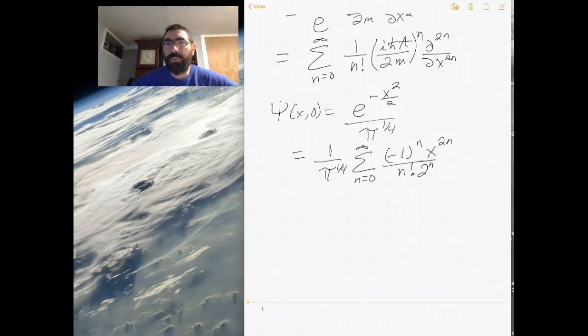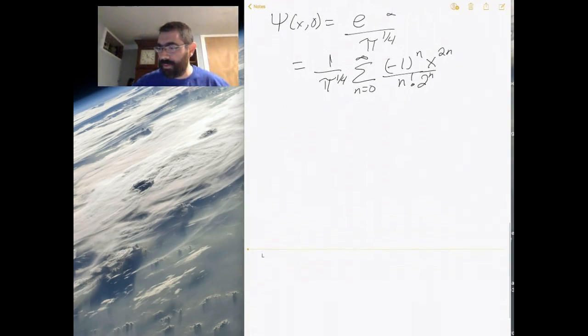Okay, and this is where the problem says, now that we have these two Taylor series, you could expand them. So we could expand the propagator into terms.